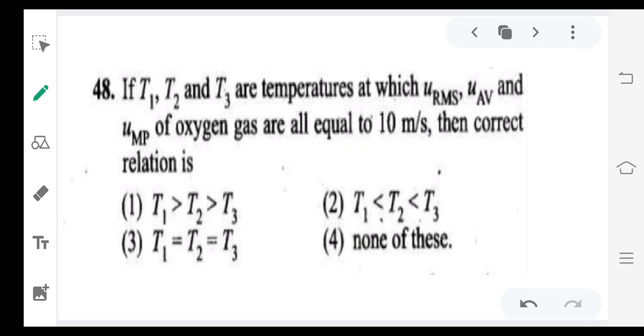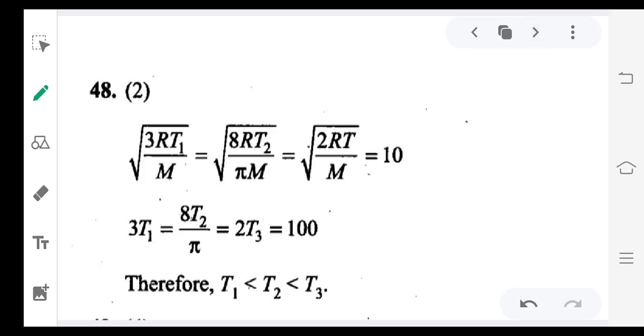Next, if T1, T2 and T3 are temperatures at which RMS velocity, average velocity and most probable velocity of oxygen gas are all equal to 10 meter per second, then the correct relation is. So these are the temperatures at which all velocities are equal to 10 meter per second. You have to calculate T1, T2 and T3 values by using the relations of different molecular velocities, so you can compare and choose the option.